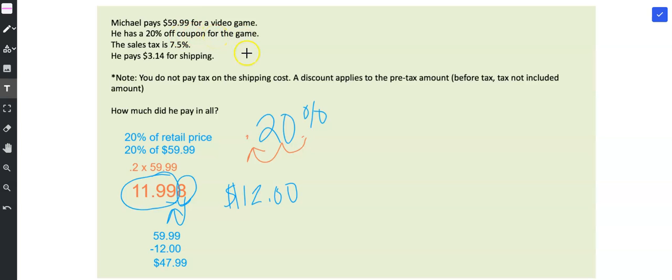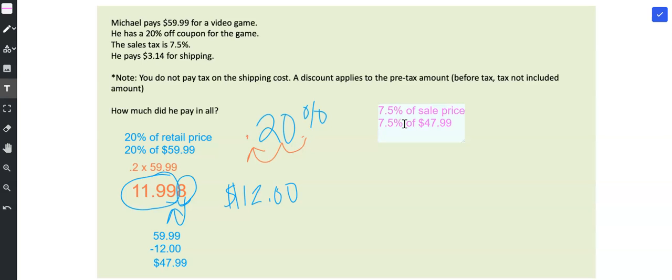After we have figured out the sale price, the $47.99, we figure out the sales tax. So the sales tax is 7.5% of what you're spending. So 7.5% of the sale price. So 7.5% of the $47.99.